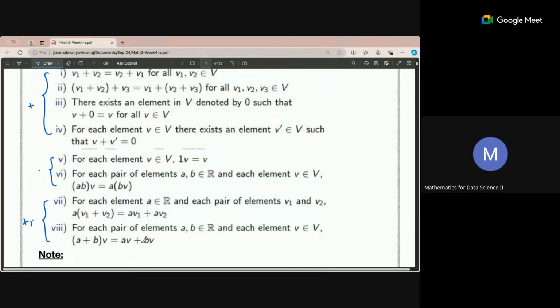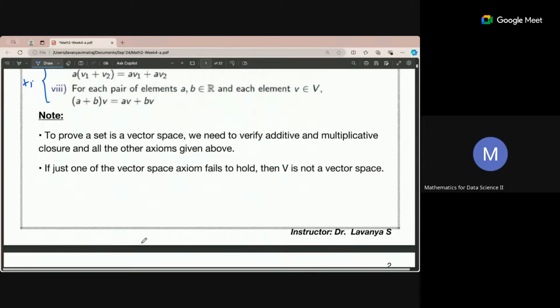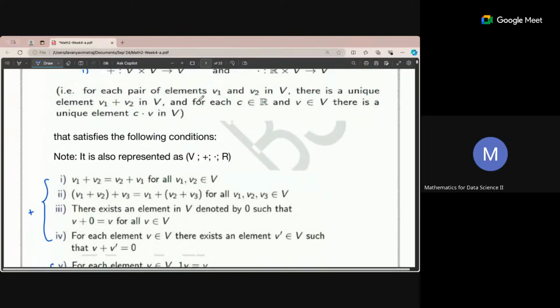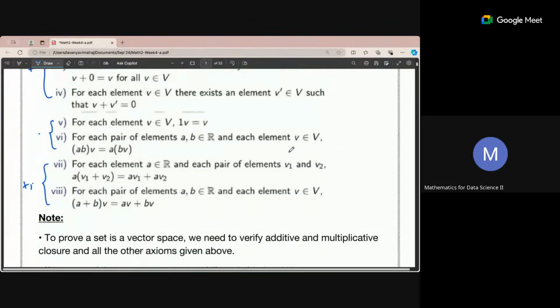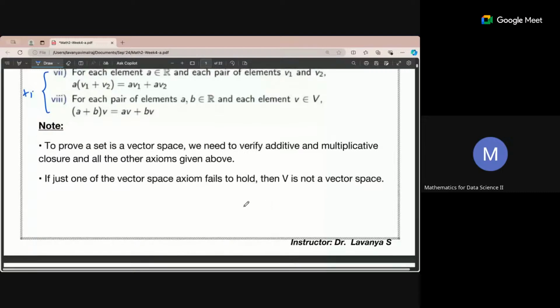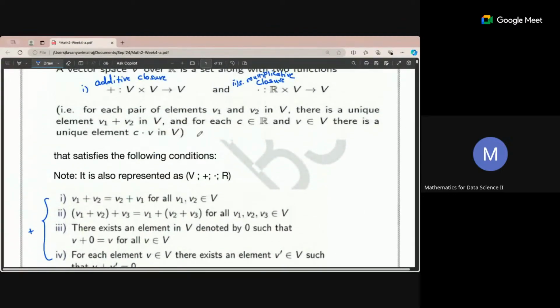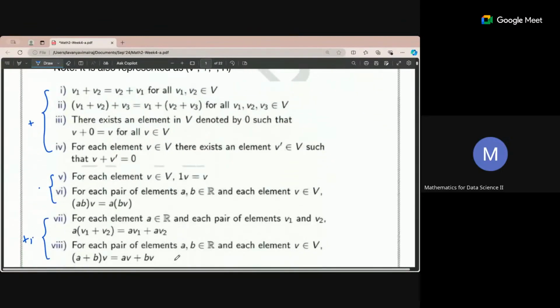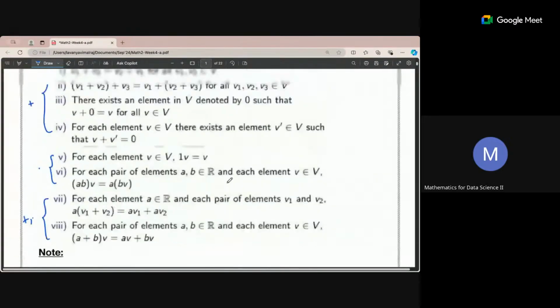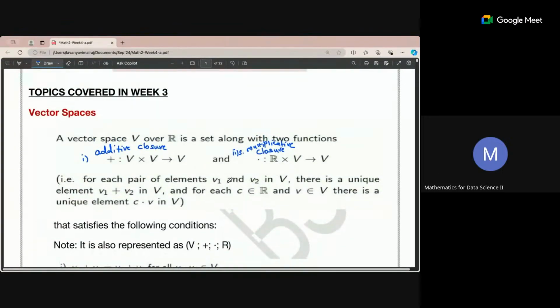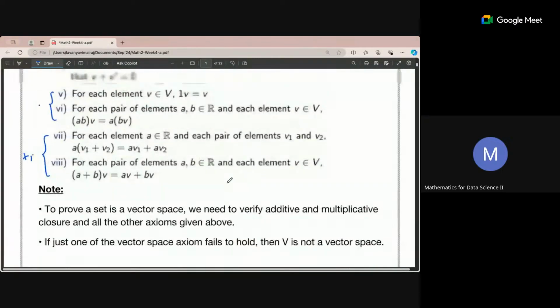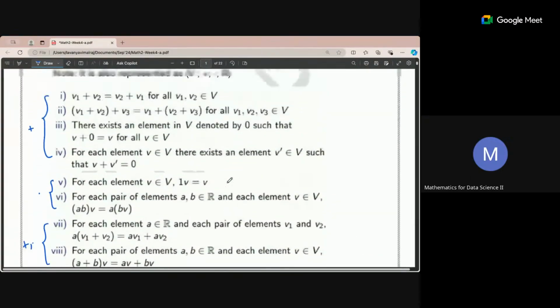Now to prove that a set is a vector space, you need to verify all the axioms, starting from additive closure and multiplicative closure. And if you have to say that a given set is not a vector space, it is enough to say that any one of these axioms fails. So if any one of these axioms fails, then you can say that the given set is not a vector space, right?